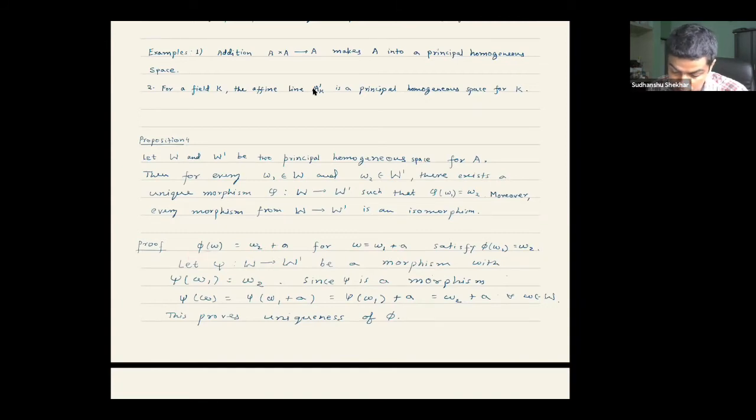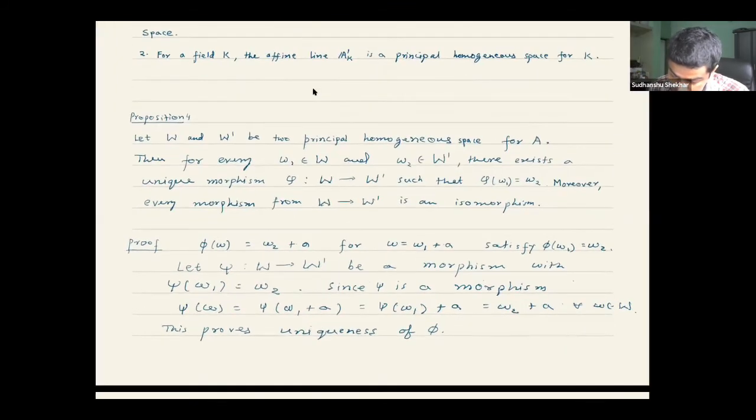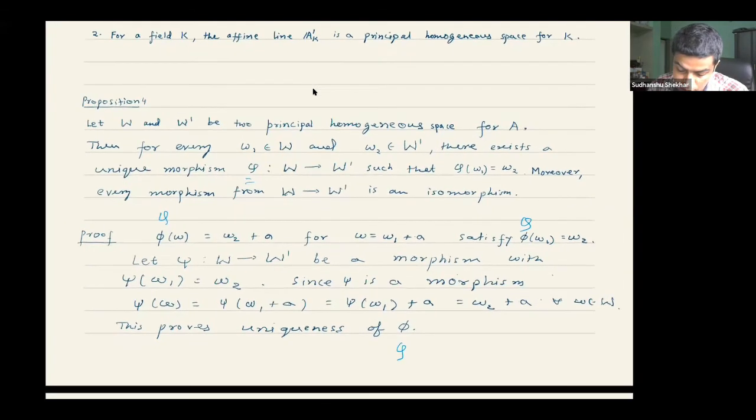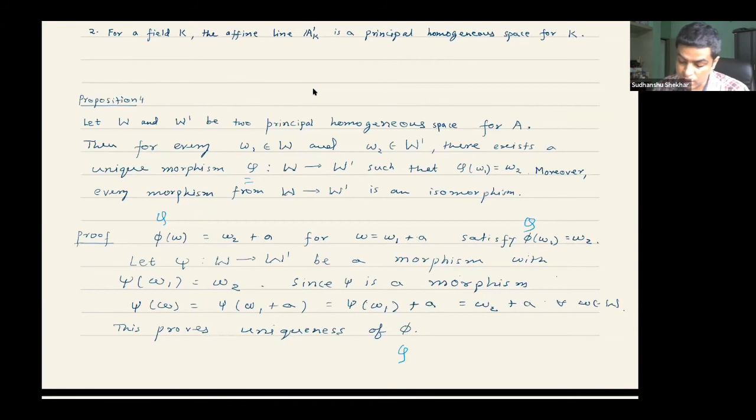We can define theta, I should have used the notation theta here, to be sending W to W2 plus A, and immediately we see that it satisfies the condition which we want, that W1 should go to W2.